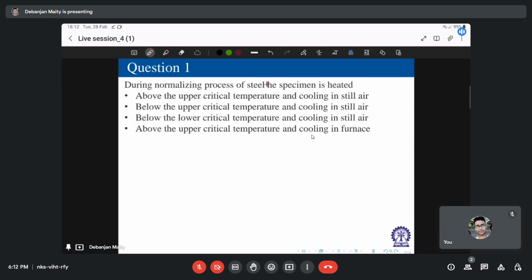Let us note down the advantages of the normalizing process. The first one is refinement of grain structure.